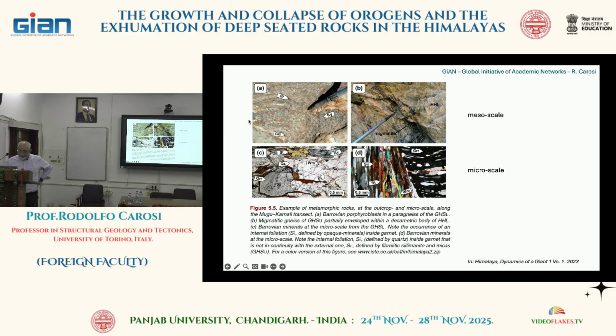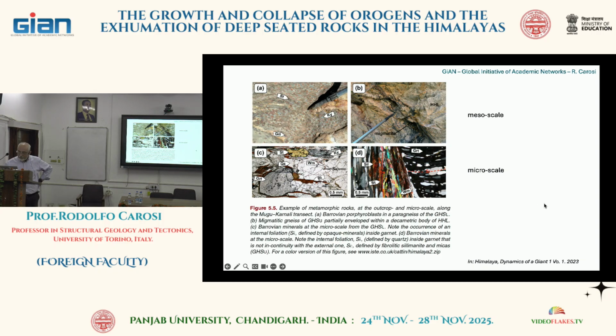In this picture, you can see some other rocks: garnet, kyanite, staurolite, migmatite rocks at the mesoscale. At the microscale, you can see staurolite with internal foliation, kyanite, white mica, biotite, quartz, and here you can see a beautiful garnet with an internal foliation truncated by the external foliation.